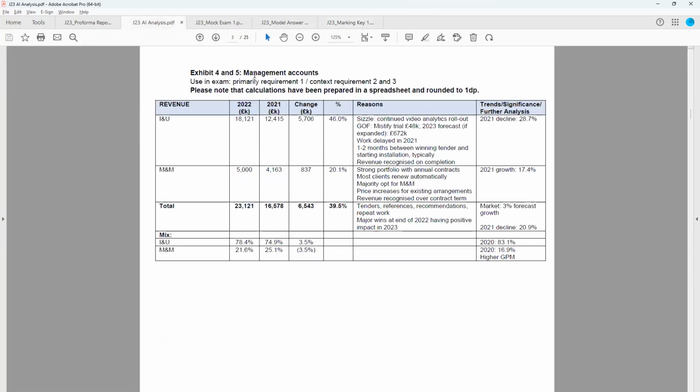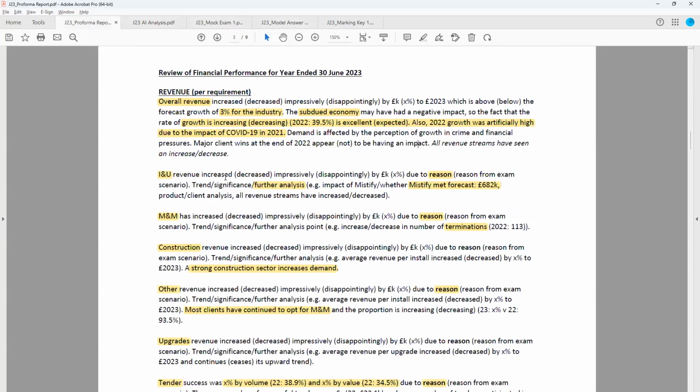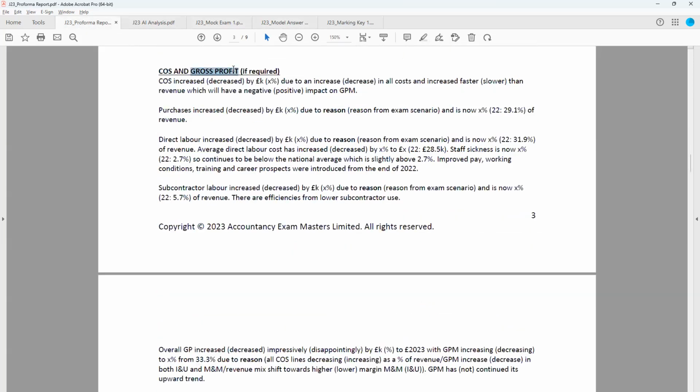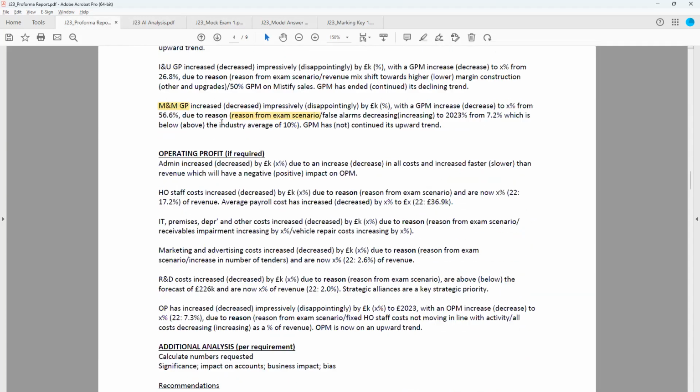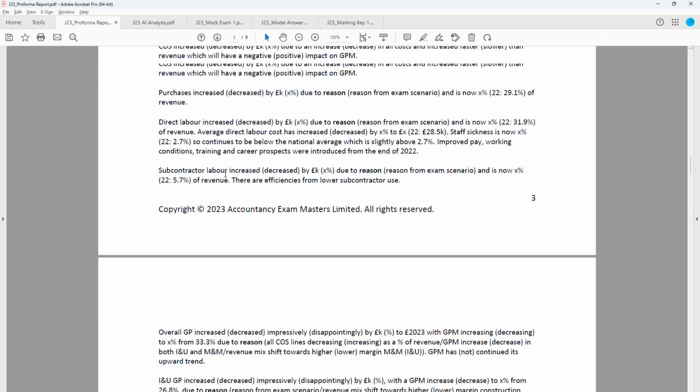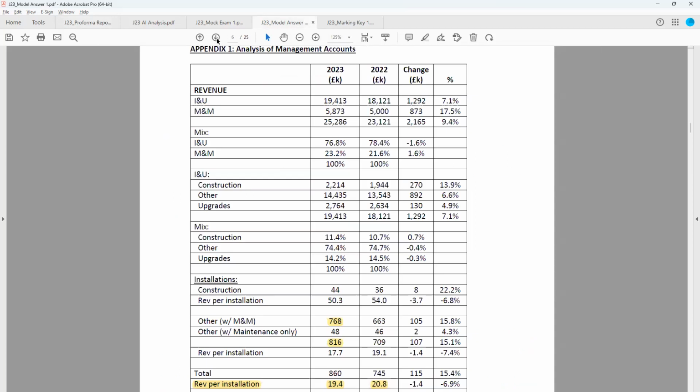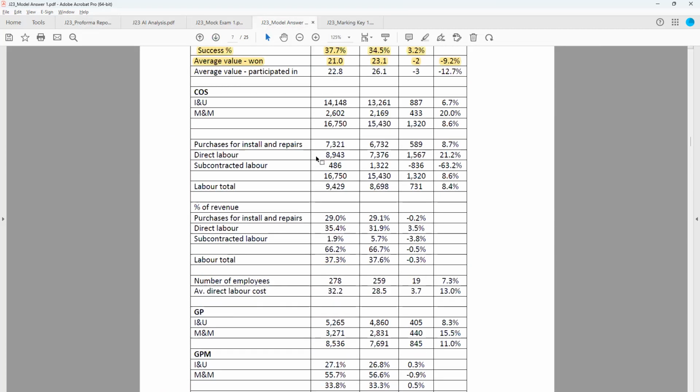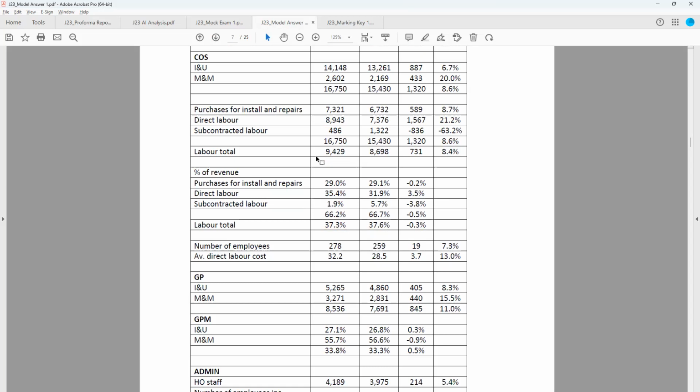So of course we'll then come on, and we've already thought about, yes, we're going to have a gross profit section. With requirement 1, you almost have to hold yourself back a bit. You have to be quite disciplined, because it would be very easy to just go through and calculate the numbers for all of the main costs.